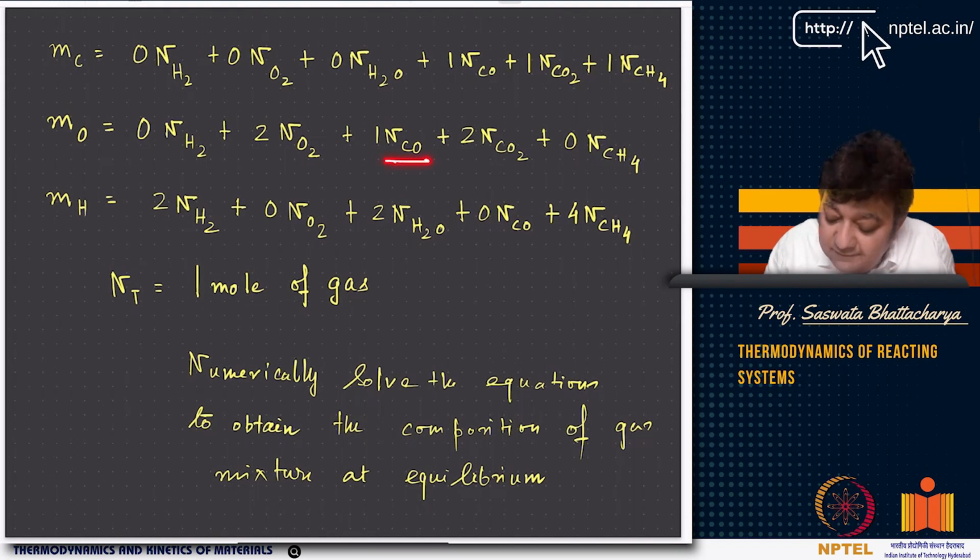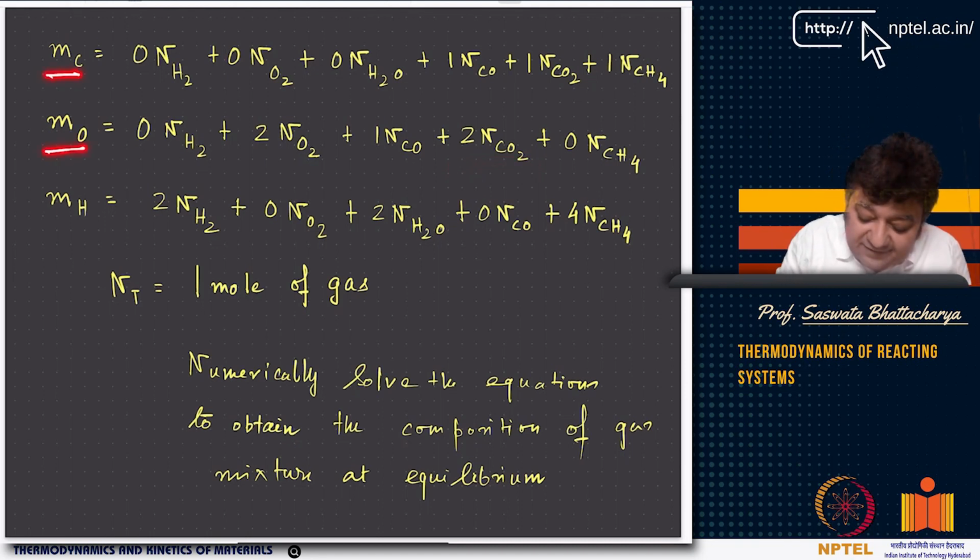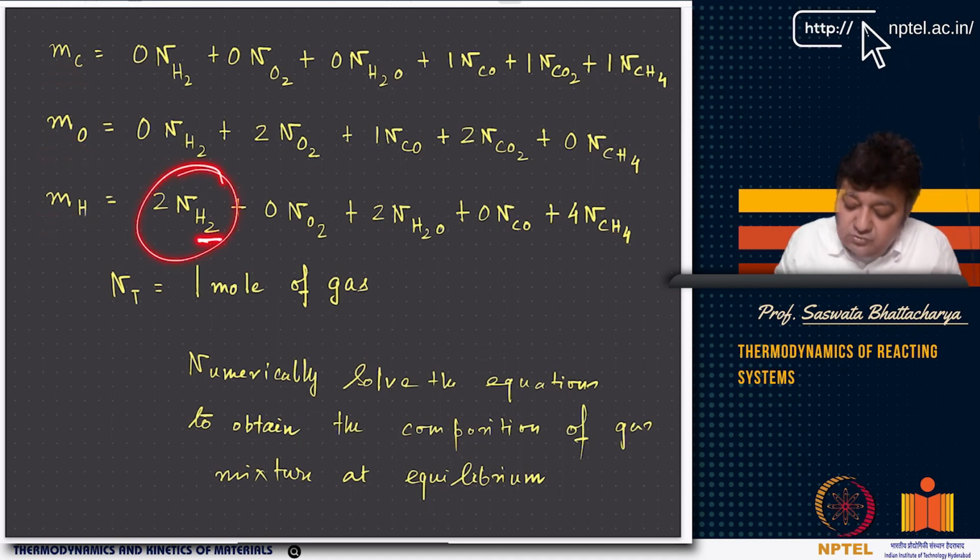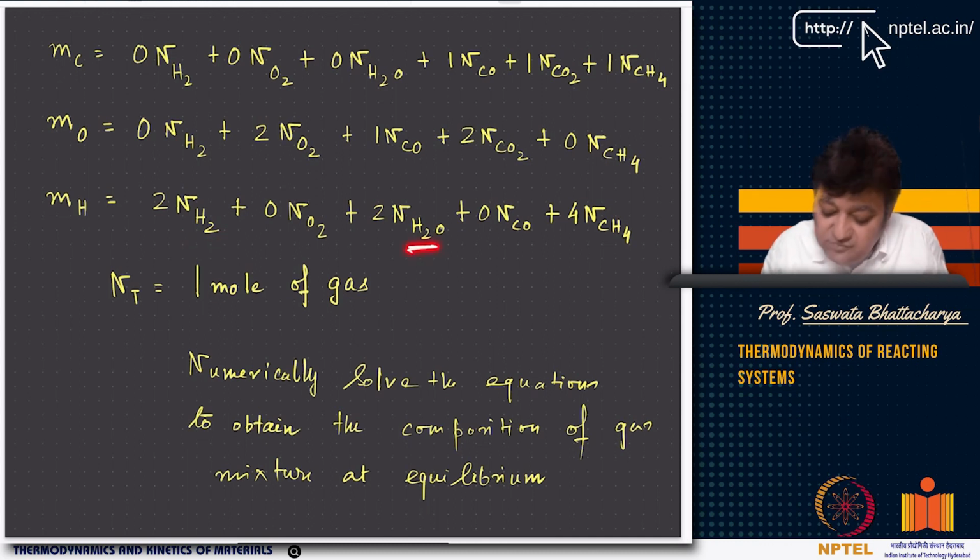And then I have 1 gram atom of oxygen from carbon monoxide, and 2 gram atoms of oxygen from carbon dioxide, right. These will remain fixed. MH again will have 2 NH2, because there are two atoms of hydrogen, and you have 2 atoms of hydrogen in H2O, and you have 4 atoms of hydrogen in CH4.